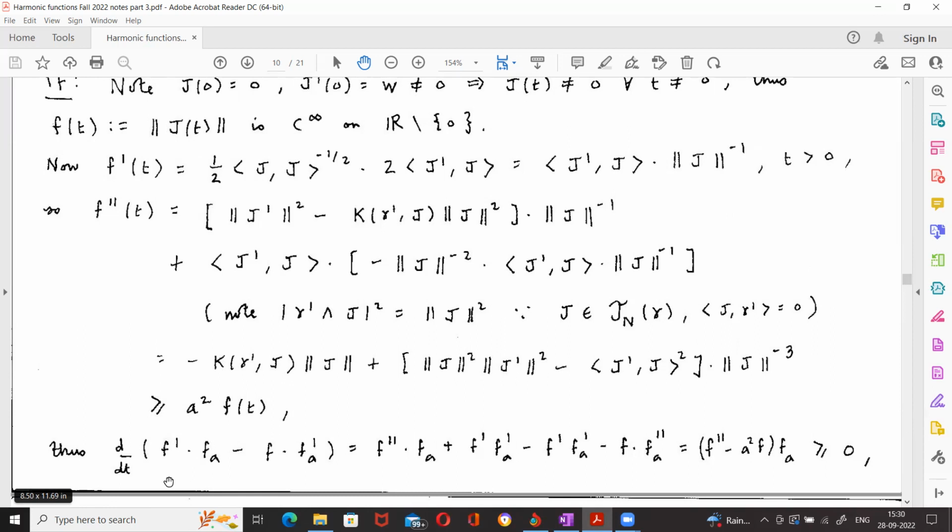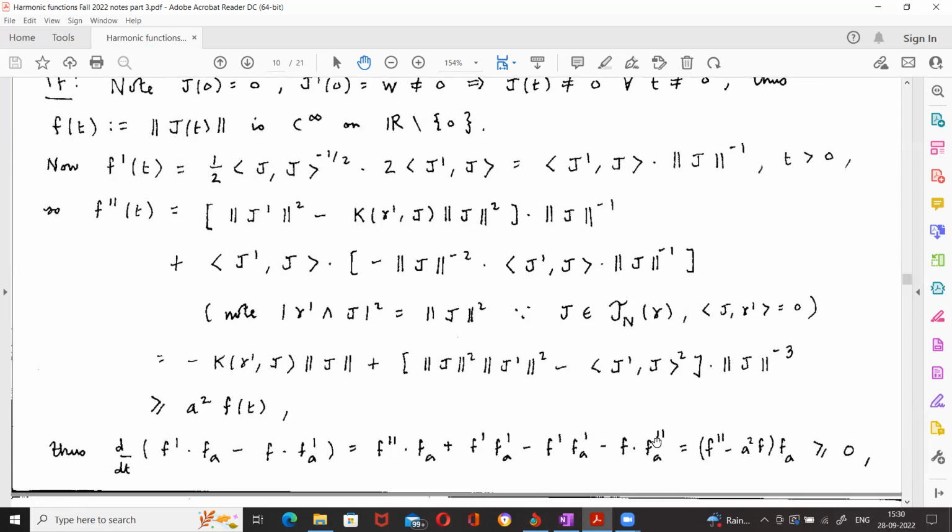So now let's look at the following function: f dashed times fa minus f times fa dashed. And I look at the derivative of this. By the product rule, what will I get? F double dashed times fa plus f dashed fa dashed minus f dashed fa dashed minus f fa double dashed.